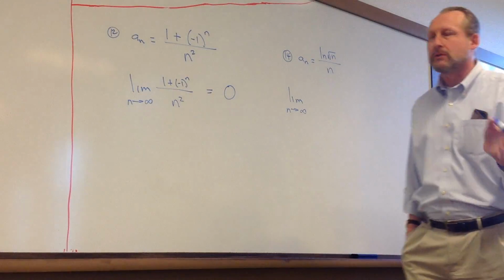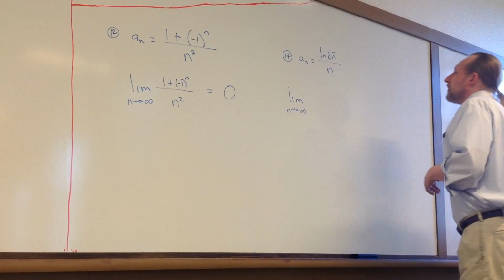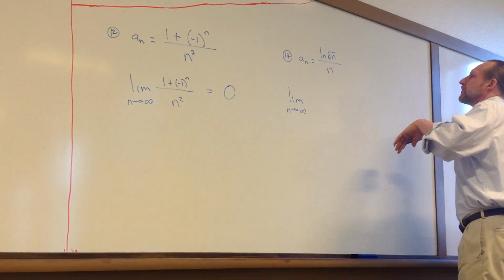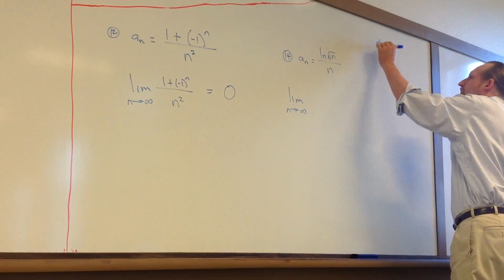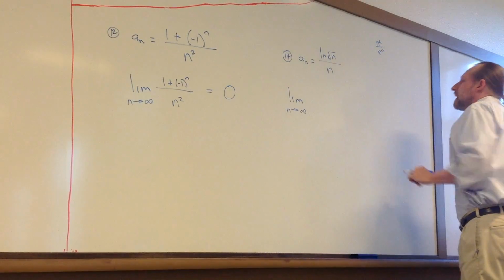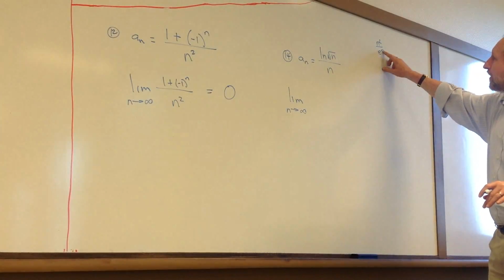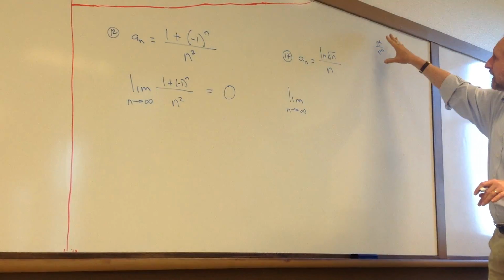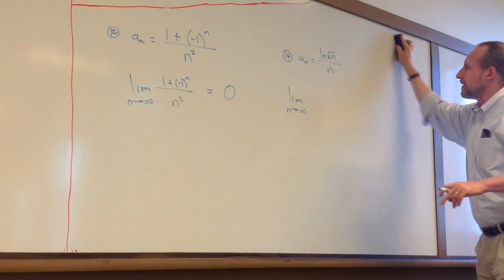We have other tools I'll talk about in a minute. But, you know, for example, where we have those situations where we've got something like n squared over e to the n power, this denominator is going to go to infinity much faster than the numerator, and so the limit here would be 0. And that, I believe, is what's going to happen here.